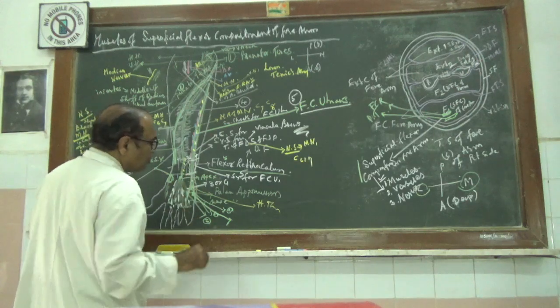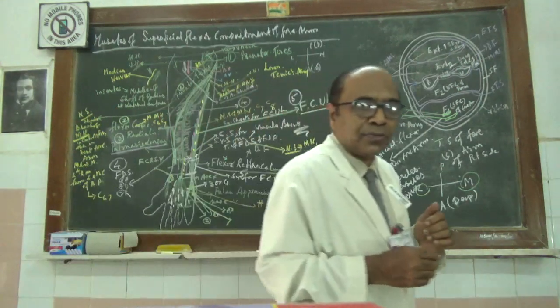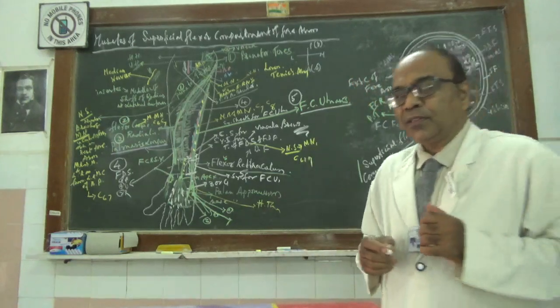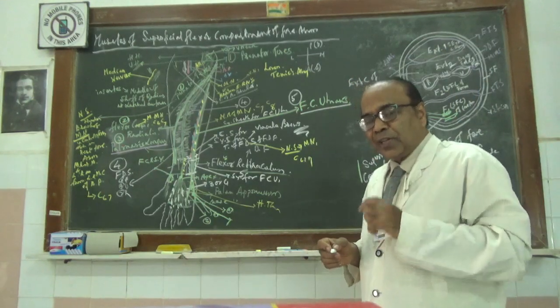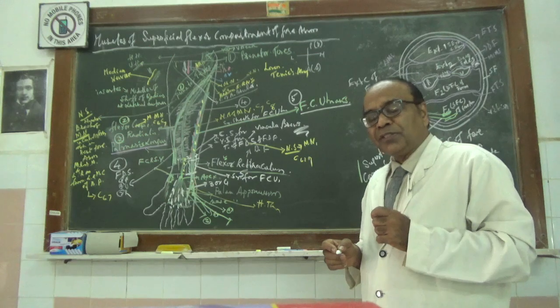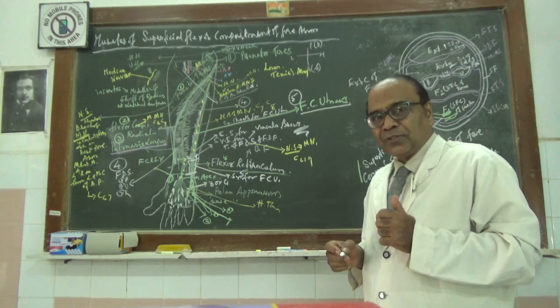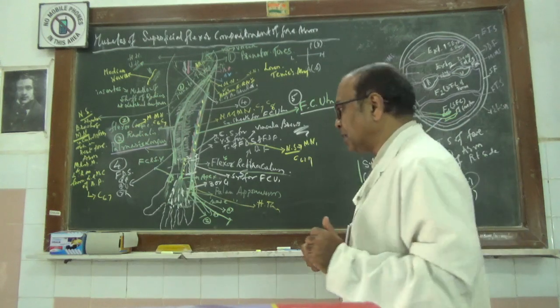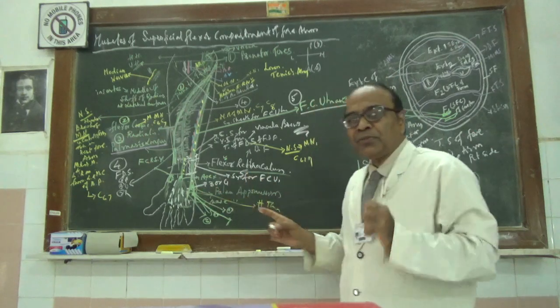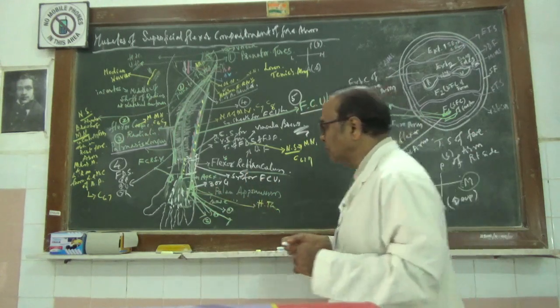The first inserts into the pisiform bone, by the tendon after running in the synovial sheath of the flexor retinaculum, soon after leaving the forearm and entering the hand.